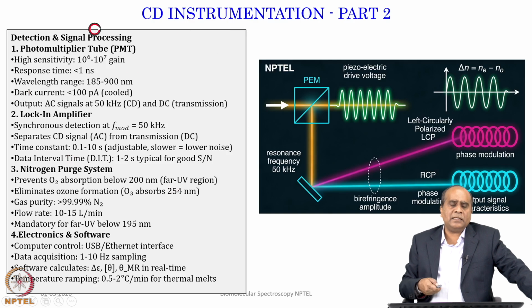So, it should be highly sensitive, because the signal can be very low. So, gain should be 10 to the power 6 to 10 to the power 7, response time should be very good. The wavelength range that it absorbs is 190 to 900 nanometer, and there are some specifications like dark current and all those, right.